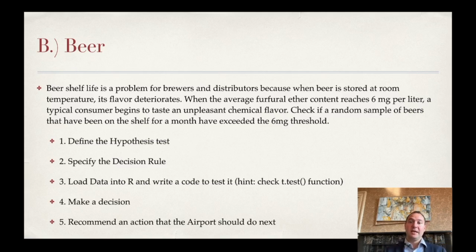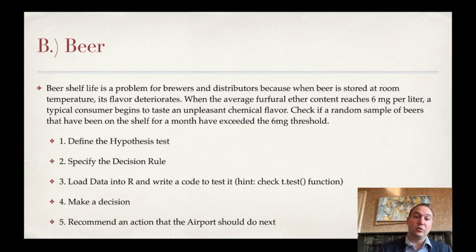In other words, if this specific chemical reaches 6 milligrams or more, the beer tastes bad. Check if a random sample of beers that have been on the shelf for more than a month have exceeded the 6 milligram threshold. So what is our hypothesis?